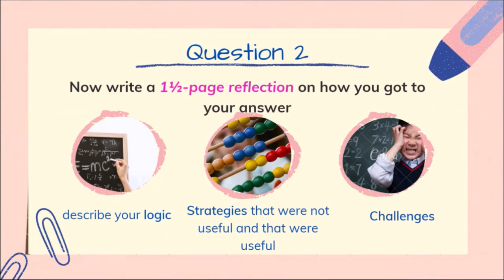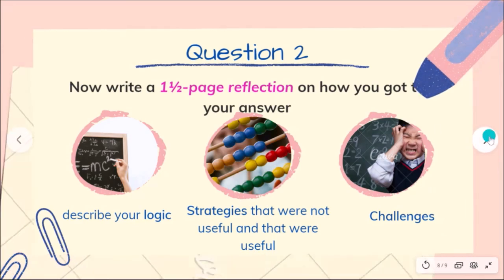What made you decide on that strategy? And then you can reflect on which strategies were not useful, what didn't work, and what did work well. And also, what are some of the challenges that you faced as you went through this process? So all of these aspects need to be addressed in your 1.5-page reflection.